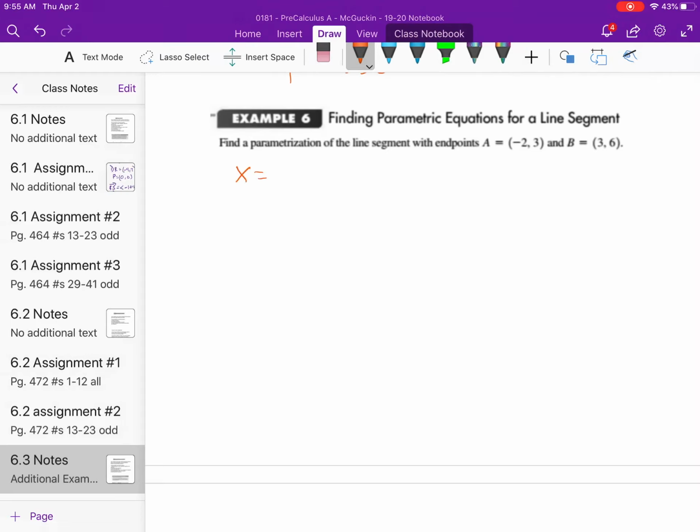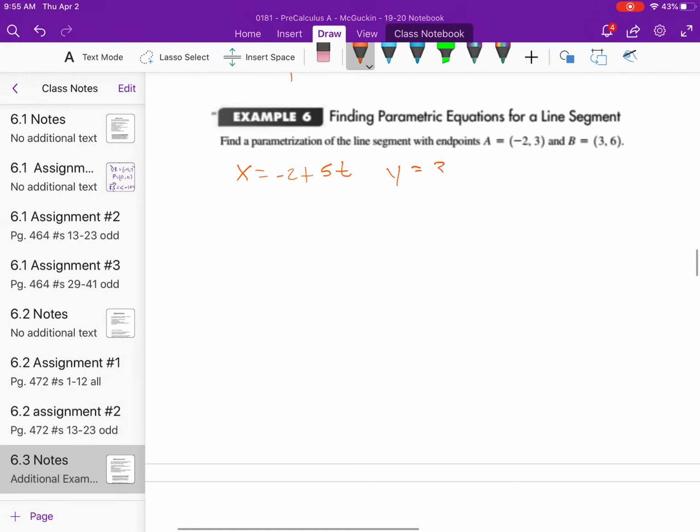In the previous example, we already found the parametric equations to be x equals negative 2 plus 5t and y equals 3 plus 3t. And so if you think of what ends up happening when you have a restricted domain, if you will, from when it will create the point B. So here's what I mean by that.